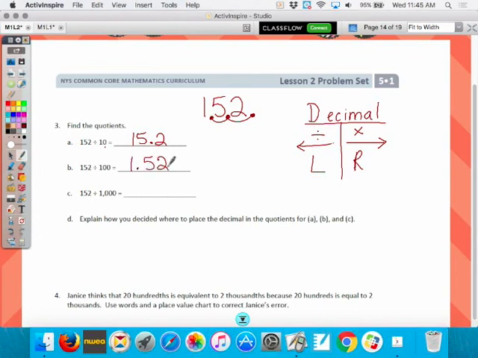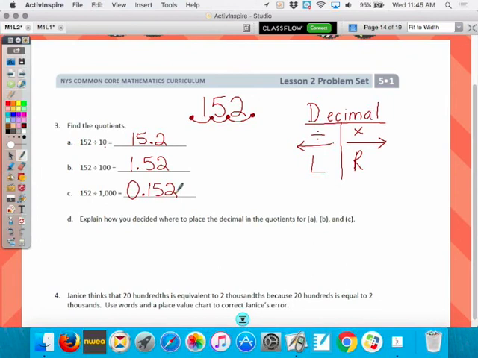Did you get 1.52? Yes. 1 and 52 hundredths. And then you're a step ahead of me now, aren't you? Yep. If I'm going to move it again, 0.152. 152 what? 152 thousandths, okay?